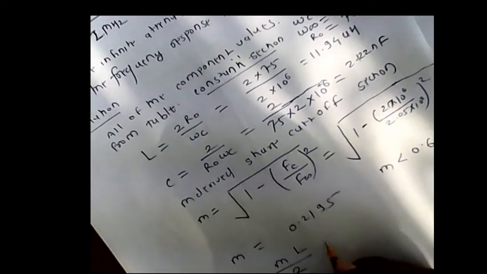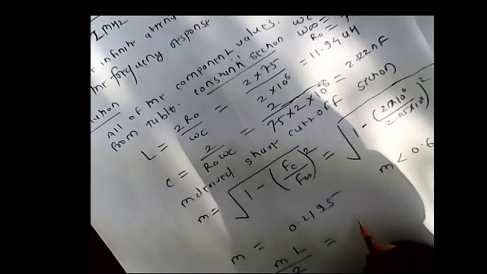So we can find out the value of L by the equation. So we put the values, which becomes 1.30 microhenry. Similarly, we can find out the value of the capacitor, which becomes 465.8 picofarad.